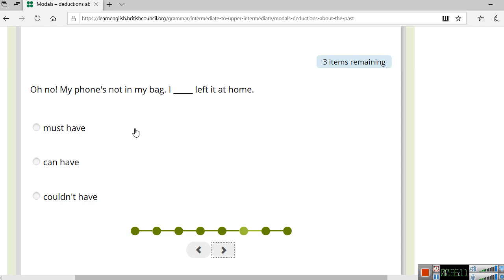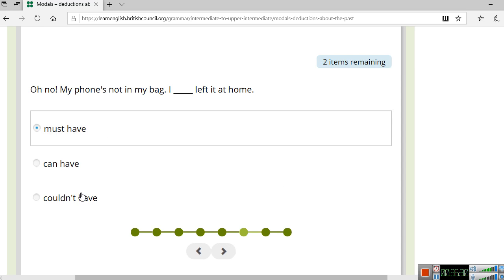There is 100% because if I leave my home and my phone is not in my bag, I am 100% certain that my phone is in my home. There is one must. I must have left it at home.